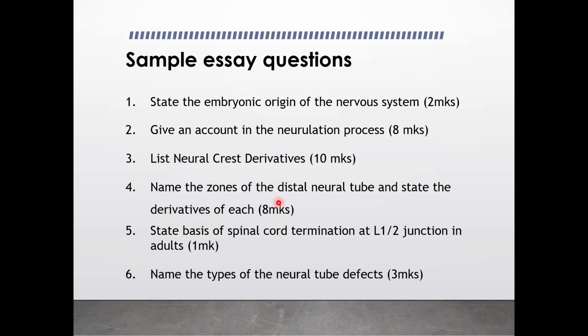Then state the basis of spinal cord termination at the L1, L2 junction in adults. And of course you're supposed to go ahead and talk about the types of neural tube defects. So I presume by now you can answer those questions and come up with good answers.